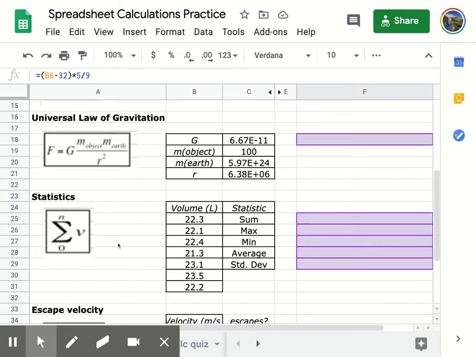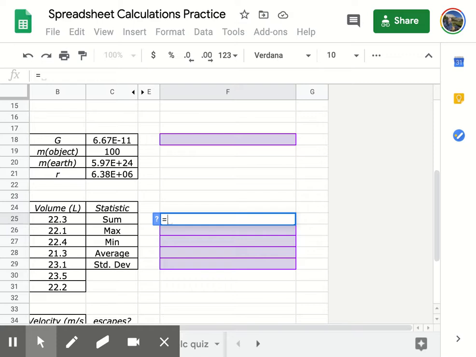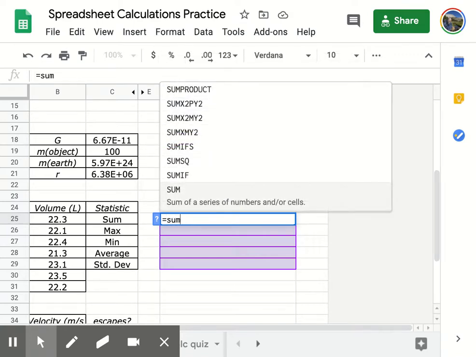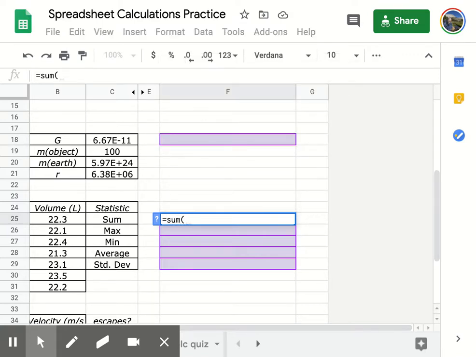And finally, for the statistics one we have right here, you're going to put in calculations that require some various commands. I'm going to say equals sum, put the parentheses here. What do I want the sum of? I want the sum of this entire range.